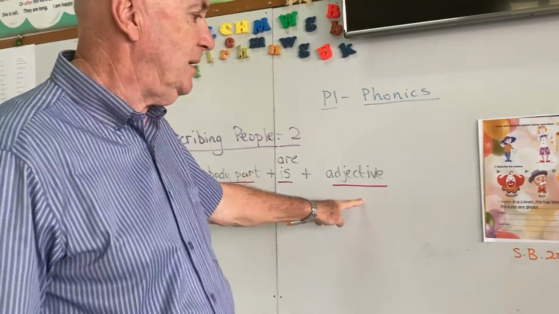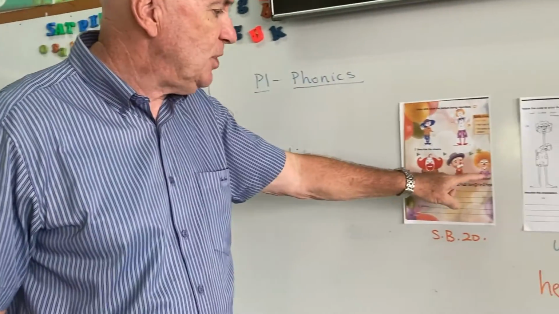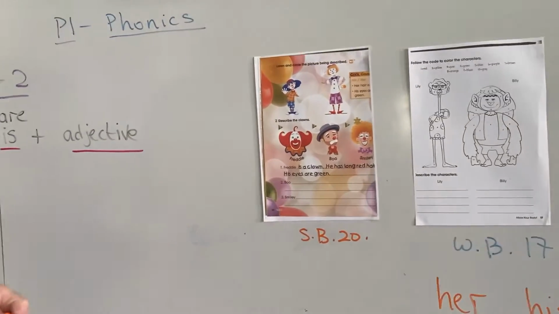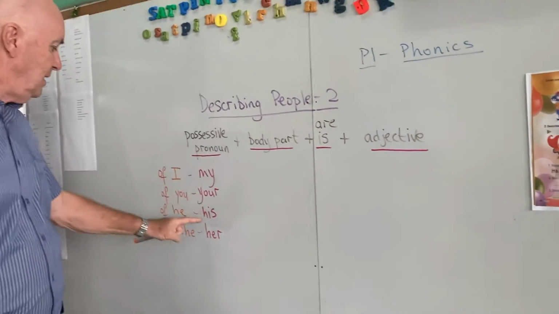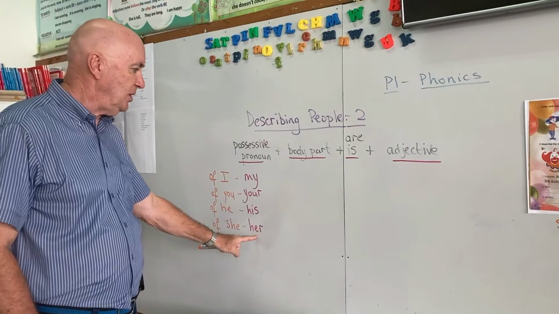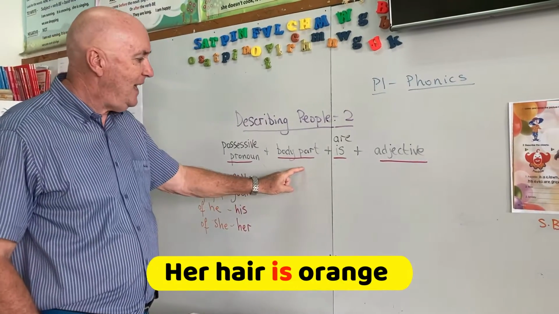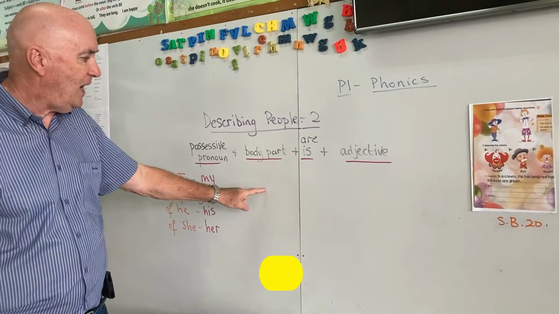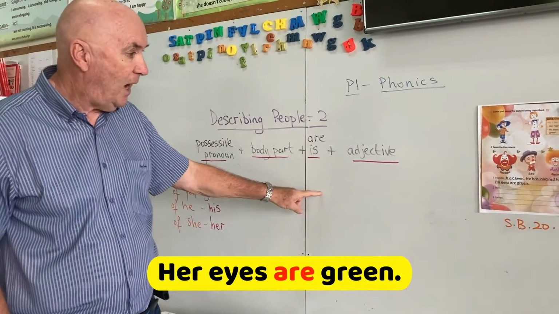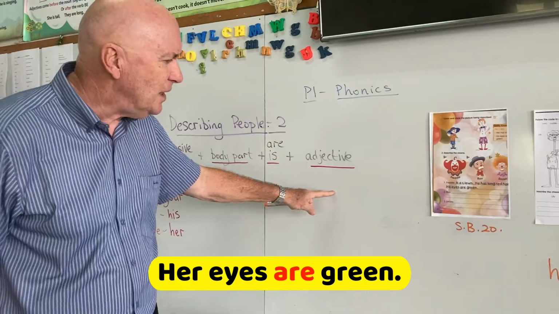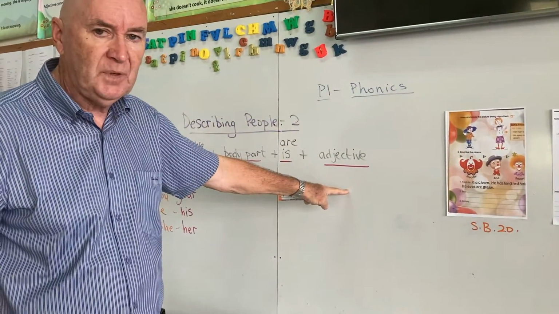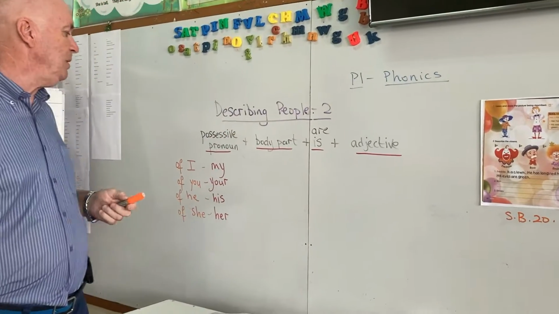His eyes are brown. If I'm talking about Smiley, who's a lady, so I would say of she becomes her. Her hair is orange. Her eyes, more than one, are green, I think. Yeah. Okay? So this is how to talk about people there.